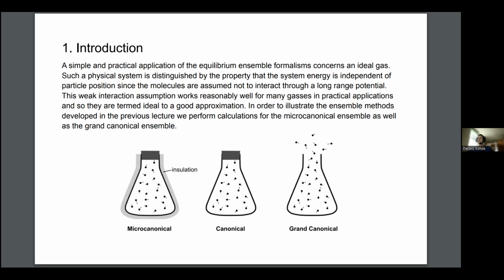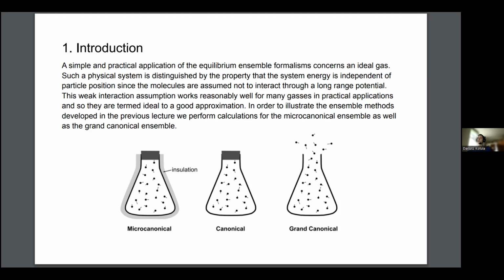Second, open to exchanges of energy only with the environment. In this case, if the system reaches equilibrium, then the total energy will show very small fluctuations from a mean value. This is due to the energy interchange with the environment. Such a configuration is termed canonical.